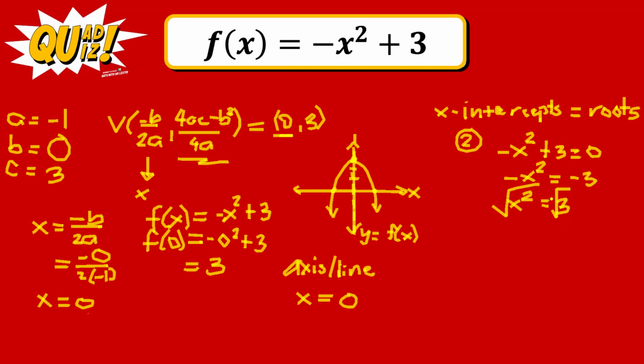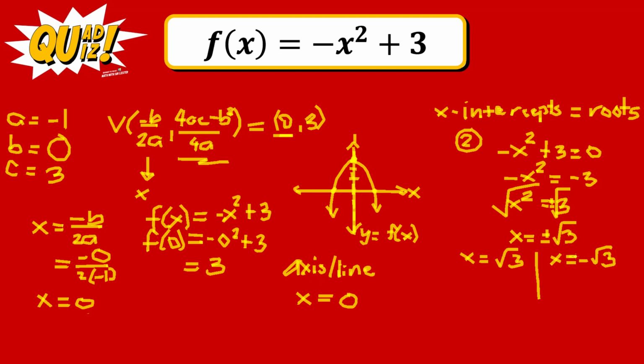We can always use this process of solving for the roots whenever we have or we don't have a b coefficient. Just like earlier, we don't have a b coefficient. So we have x equal to positive and negative square root of 3. Let's just stay in radical because this is an irrational number. Hence, our roots are positive square root of 3, and negative square root of 3.